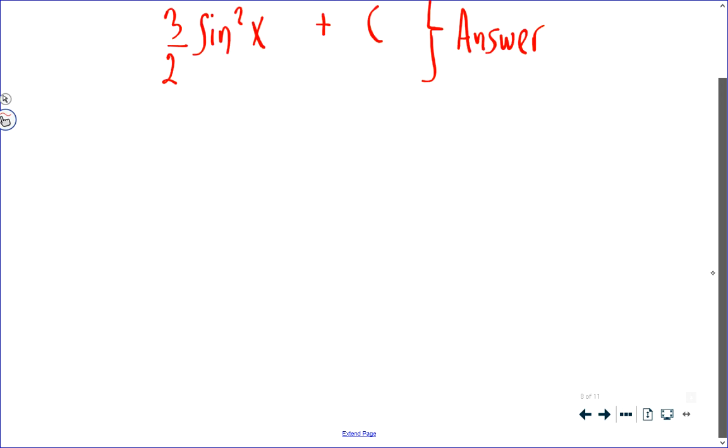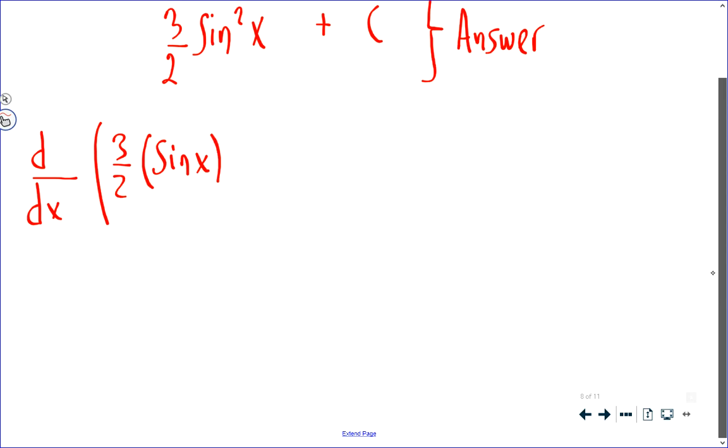The answer is that if I differentiate 3/2 multiplied by the sine squared of x, which is sine of x quantity squared, I guess to be fair, plus my constant, I'm going to get the derivative here by wrapping this exponent of 2 around the base. My new coefficient will be 3.